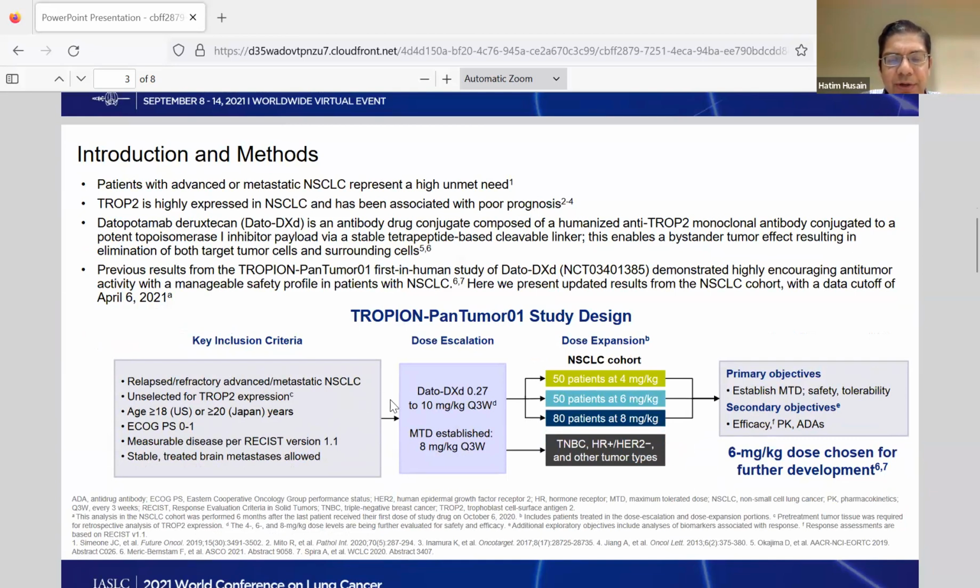This first iteration had dose escalation, and there were a number of different doses that were looked at. Importantly, in this Tropion Pan Tumor 01, it included patients with lung cancer, but also included triple negative breast cancer patients and HR positive breast cancer patients. The primary endpoint of this study was to evaluate safety.